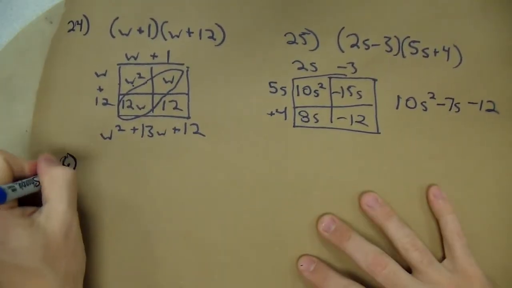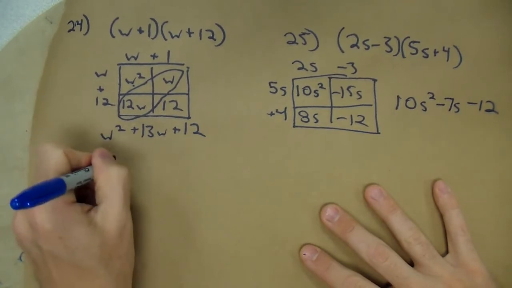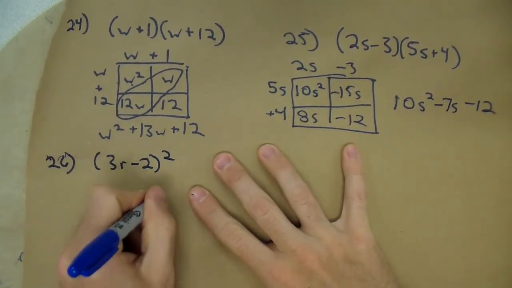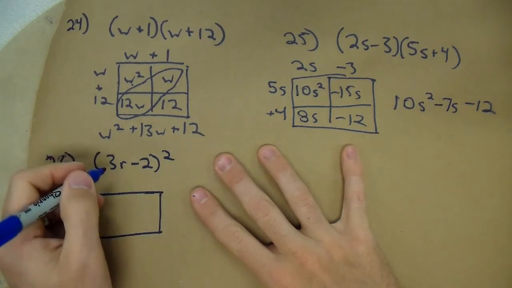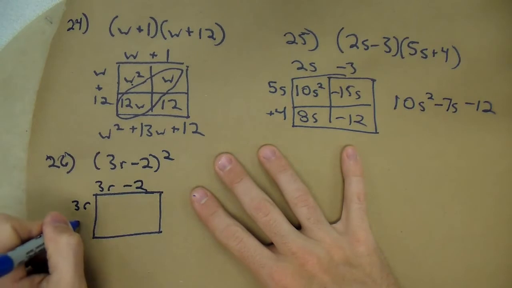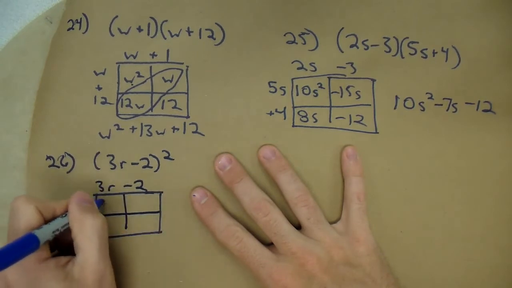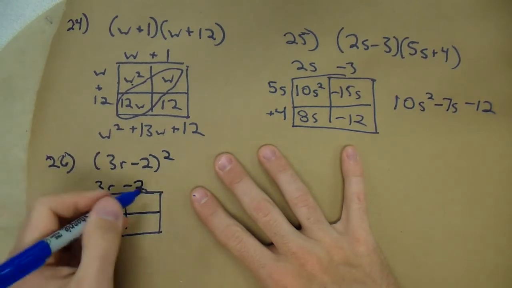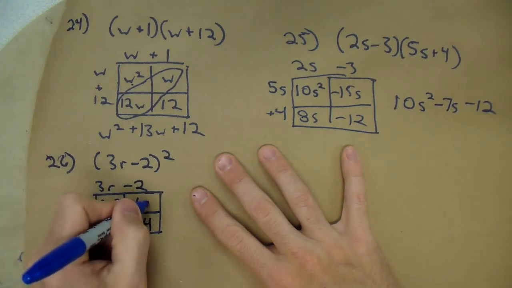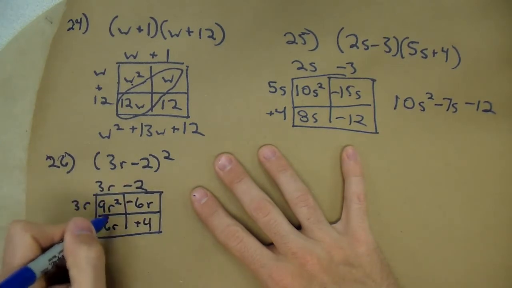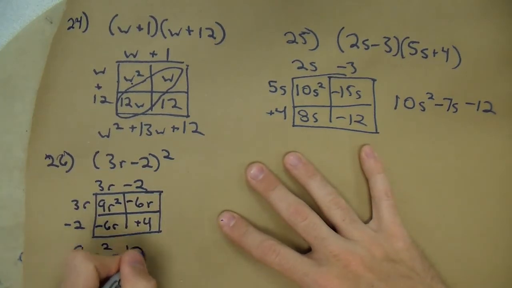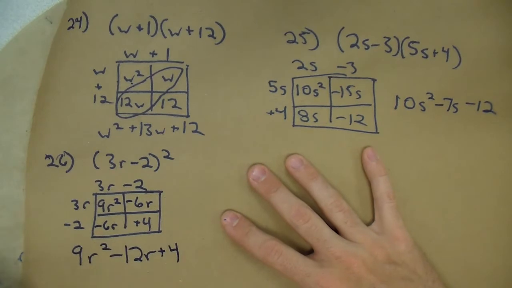For 26, we have 3r minus 2 squared. This is not 9r squared minus 4. We have to go through the process of multiplying here. Do not try to take the shortcut and get it wrong. We get 9r squared, that's for sure. We know it's a 4, but we have this minus 6r and minus 6r, which give us 9r squared minus 12r plus 4.